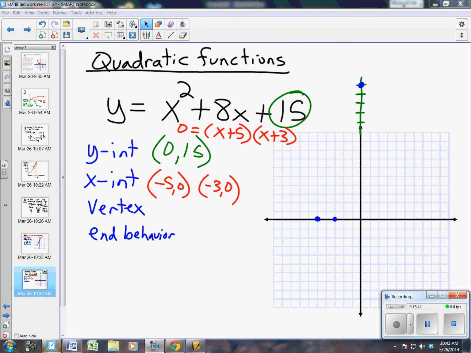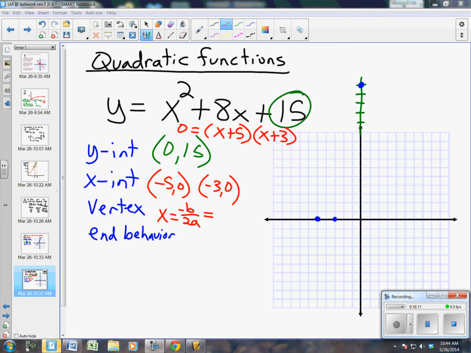Okay, what about the end behavior here? What do we know about the end behavior? It's positive, it opens up. We can kind of tell by the 2 points we already have that it's going to open up as well, right? So is the vertex going to be above or below the x-axis? Okay, below the x-axis. We learned that little formula, x equals -b over 2a, for helping us locate the vertex.